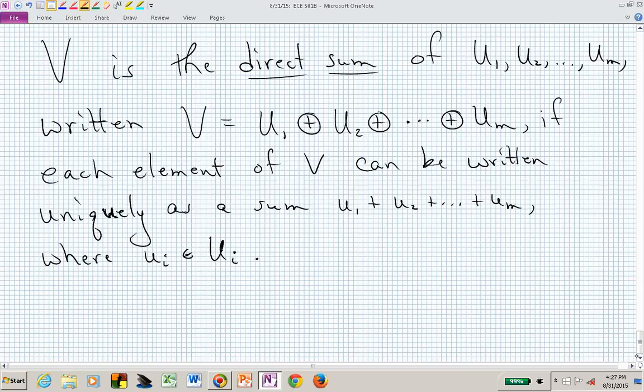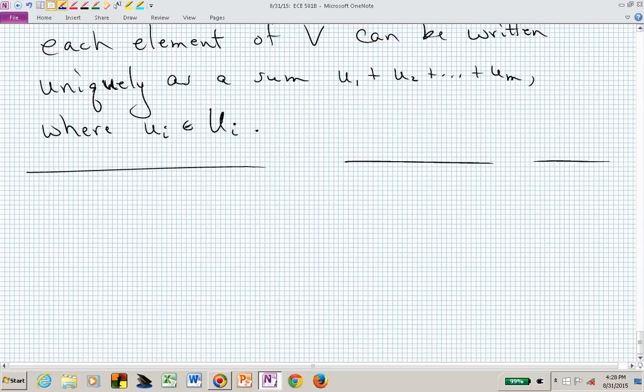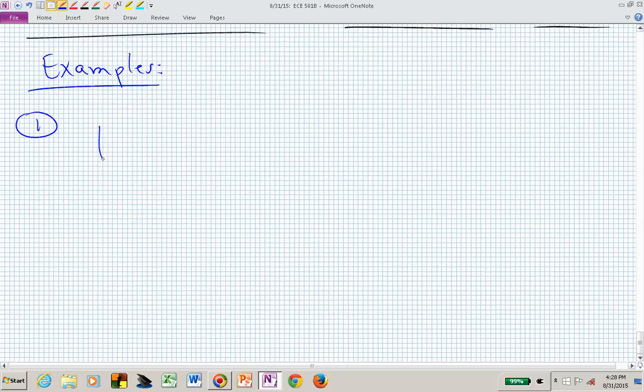Let's look at some examples. Suppose we have capital U, and now I'm going to write my vectors vertically instead of as rows.